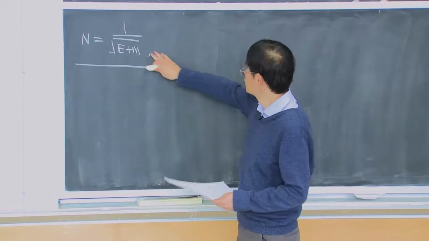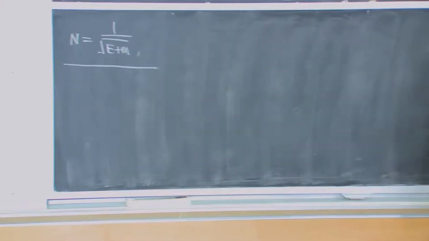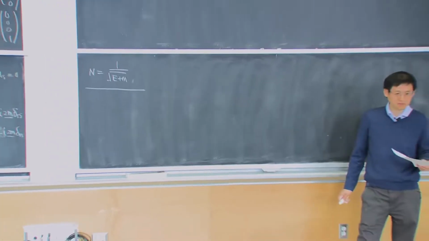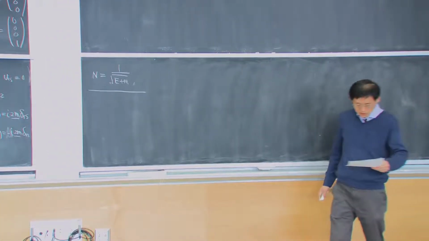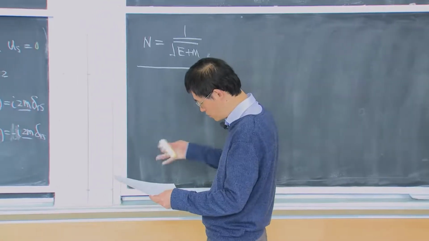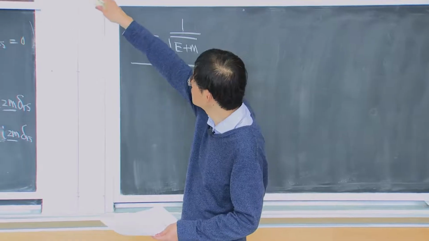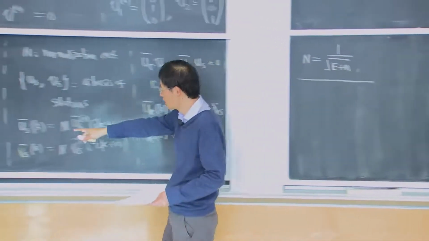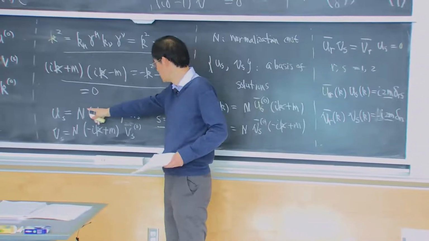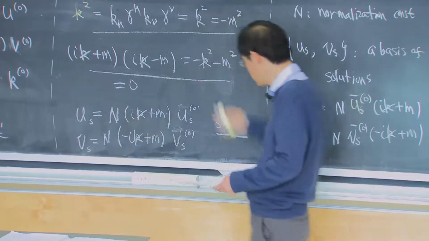Good. So this gives you a complete basis of solutions to the Dirac equation. Now let me write them down to give you a little intuition about the explicit expression. With those gamma matrices, we can just plug in here. We know U_s(0), V_s(0), and we know n, so in principle we can now write them down explicitly.